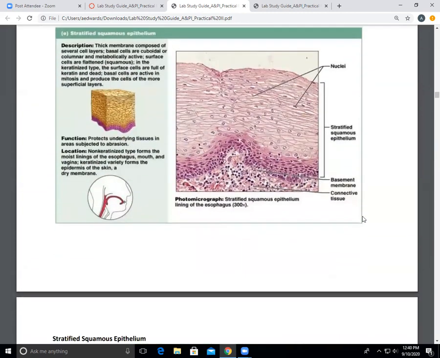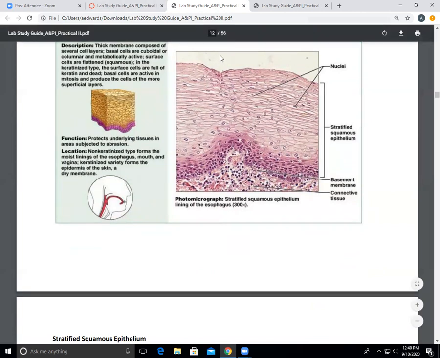Now for stratified squamous, this one's in the esophagus in your digestive tract. Again, multiple layers, different shape down here, but the only thing that matters is that these are flat at the apical surface.